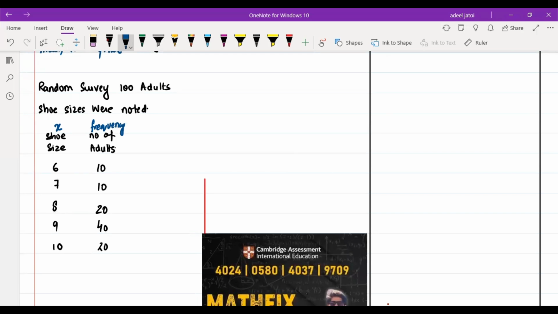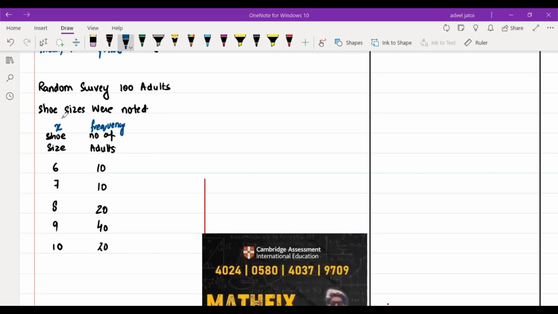But how many adults will have 6 as their size? There are 10 people. So 10 adults have size 6, 10 adults have size 7, 20 adults have size 8, 40 adults have size 9, and 20 adults have size 10. Altogether there are 100 individuals, and this entire data gives me the frequency.